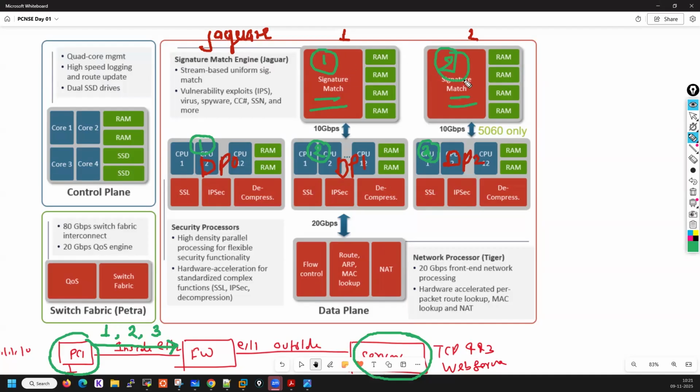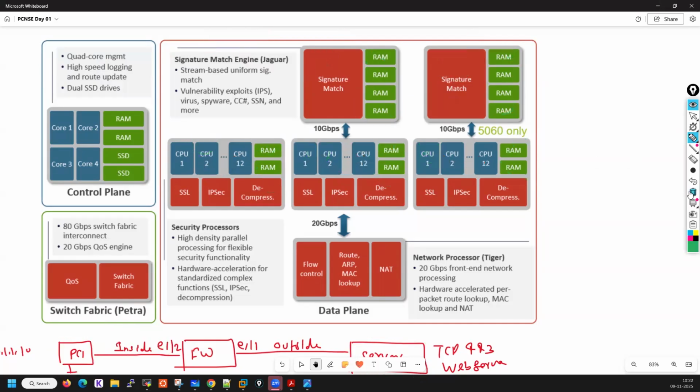They are getting processed, and you can see they have dedicated hardware at every chip, right? Do you think they have any dependency on each other for the resources? No. That is known as, guys, parallel processing hardware architecture.